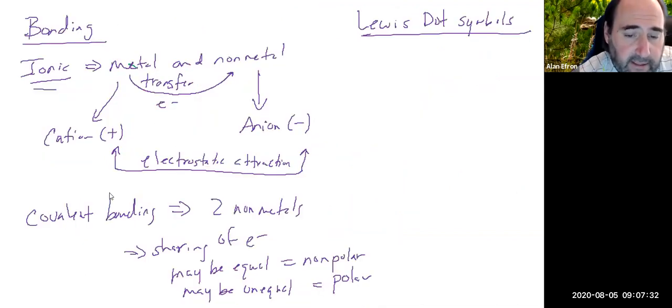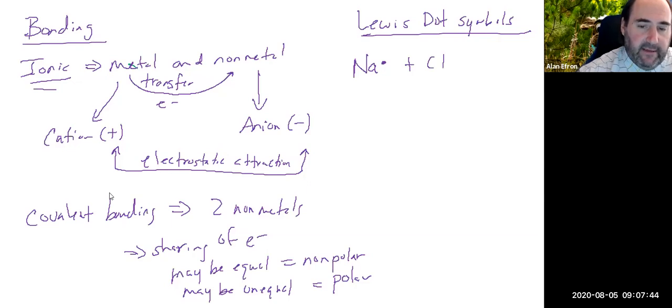So if we did something like the formation of sodium chloride, sodium is group number 1, which means it has 1 valence electron. Chlorine is group number 7, which means it has 7 valence electrons. And in terms of configuration, our sodium is neon 3s1.